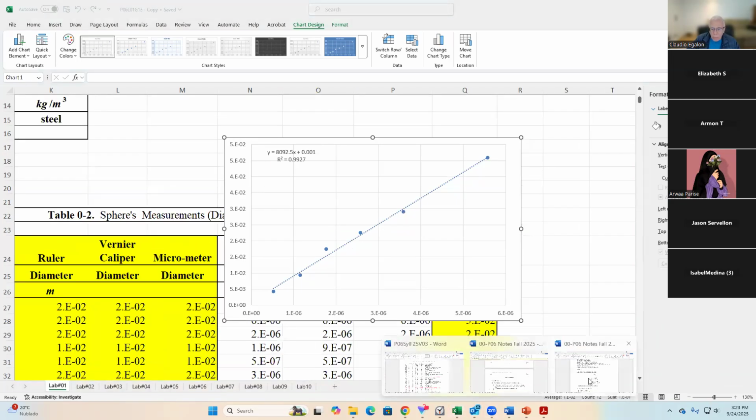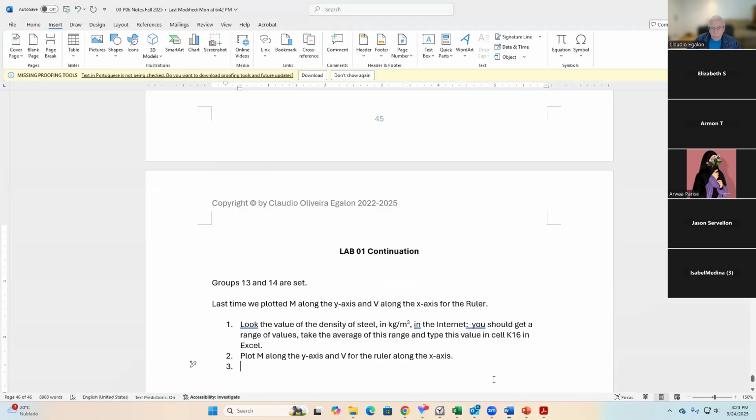So plot M, what else? Okay. Click one of the data points. They should all become highlighted.